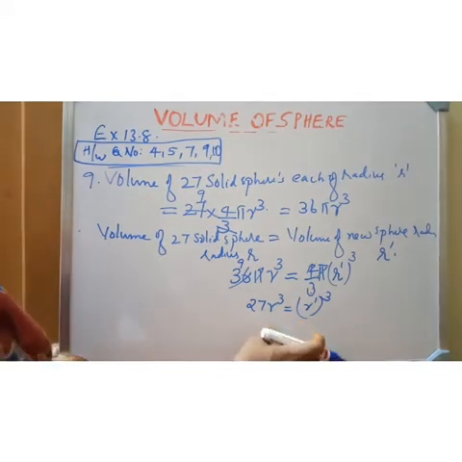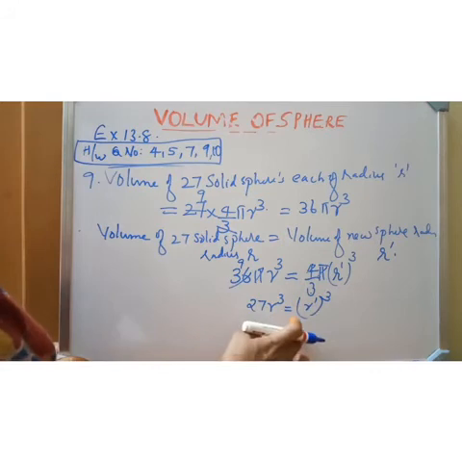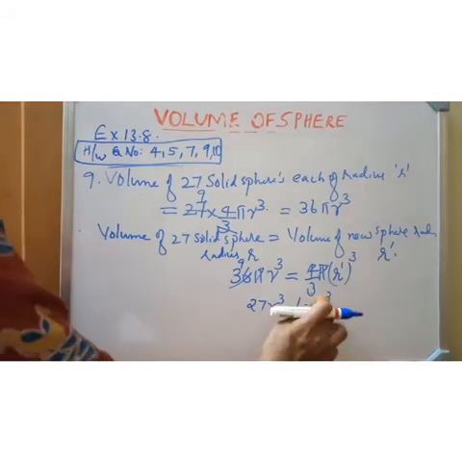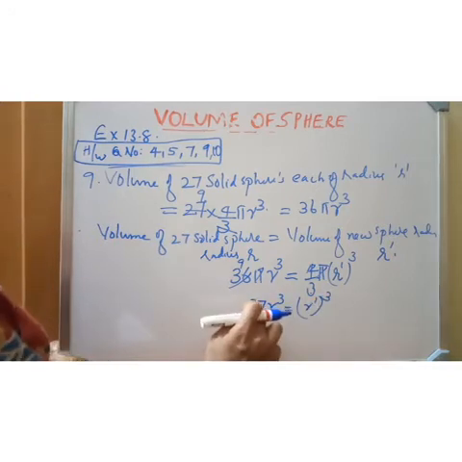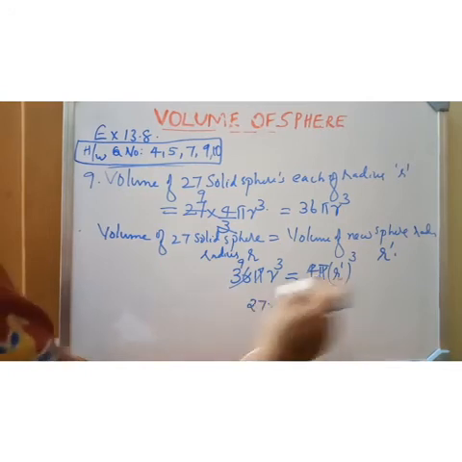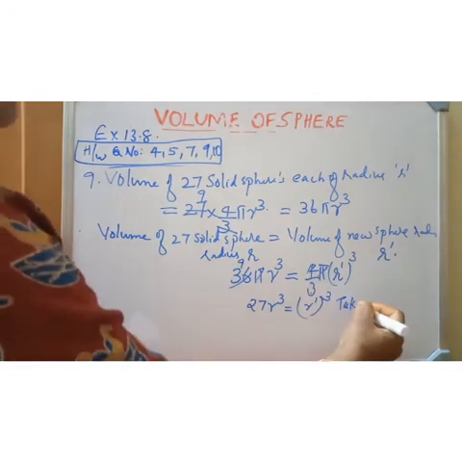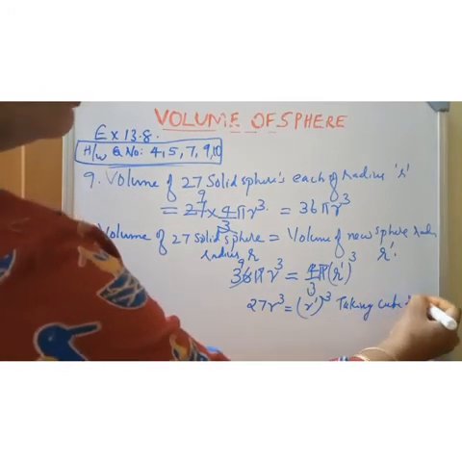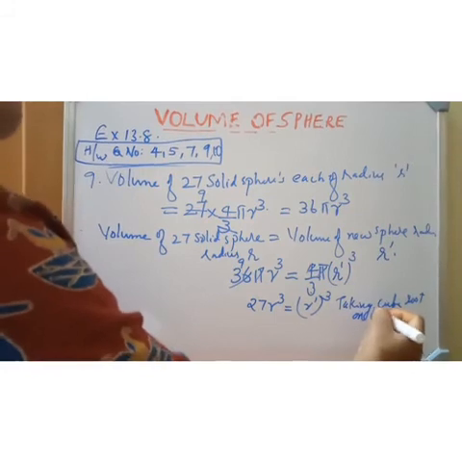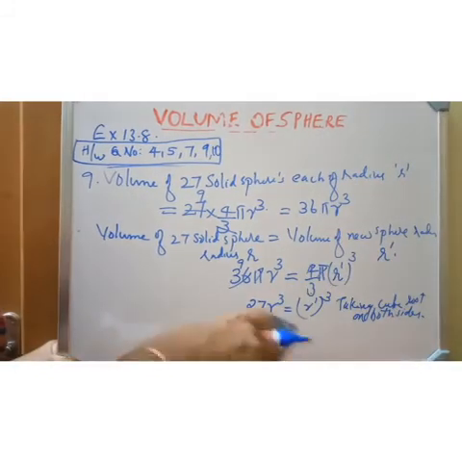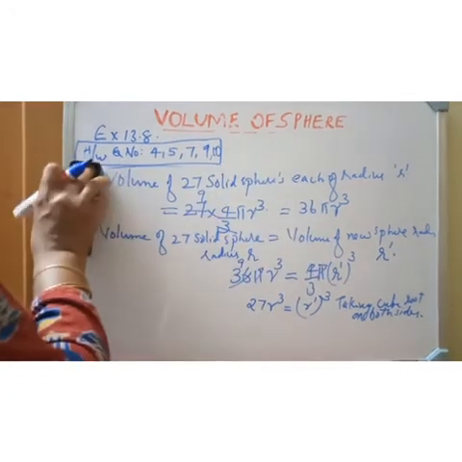So we must find out the relation connecting r and r dash. For that we got 27 r cube equal to r dash the whole cube. Okay. So 27 is a perfect cube number. If you are taking the cube root on both sides, what will you get? 27 r cube equal to r dash cube, isn't it?